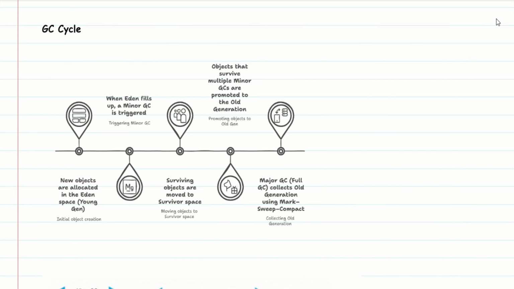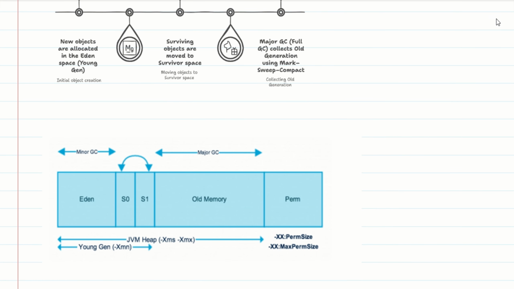Generational GC divides memory into the young generation, which contains Eden and survivor spaces, then the old generation. Sometimes a permanent generation or Metaspace is also involved. This is a pictorial representation which contains a young generation with Eden and survivor spaces, that is S0 and S1, then the old generation or old memory.